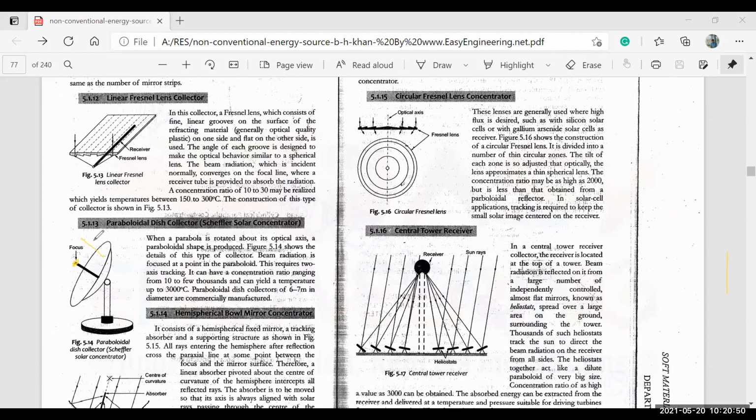If the light falls in this direction, it will be focused on this particular plate, because if it falls nearby, it will not be able to reflect at this particular point. So what they do, if it is falling nearby, it could reflect to the shortest part.